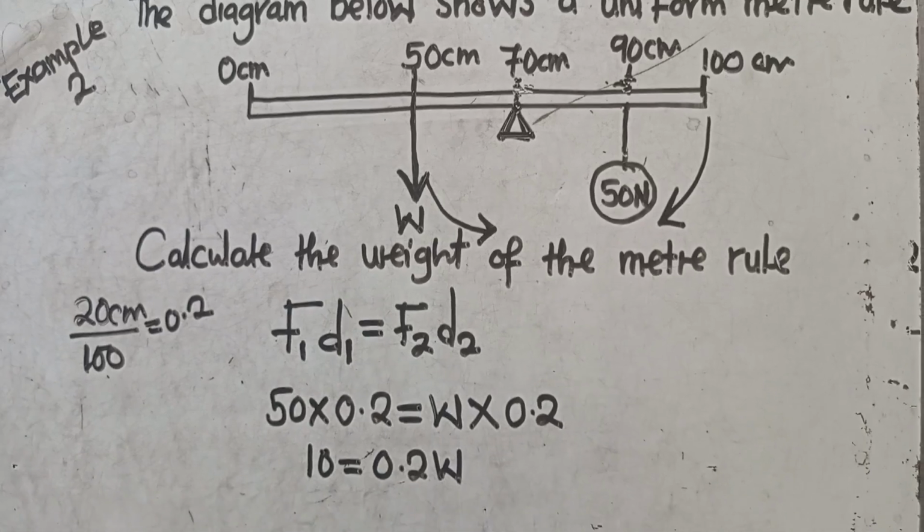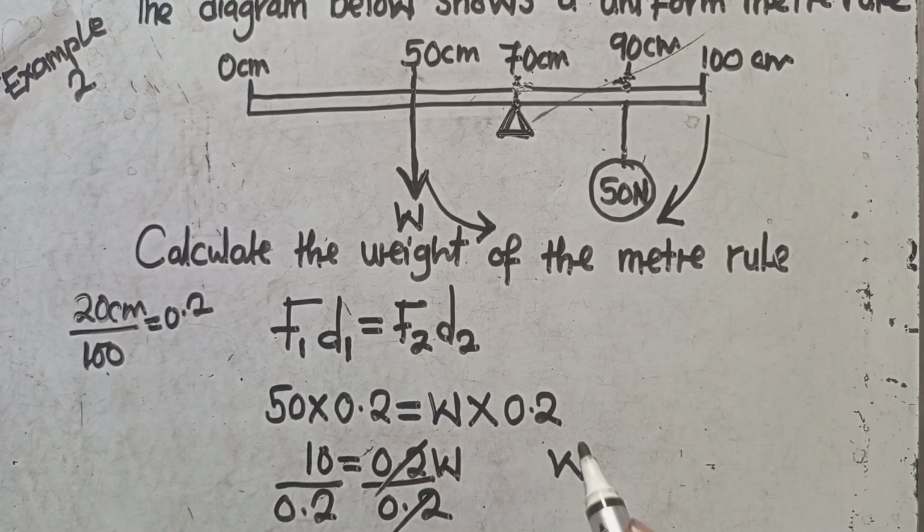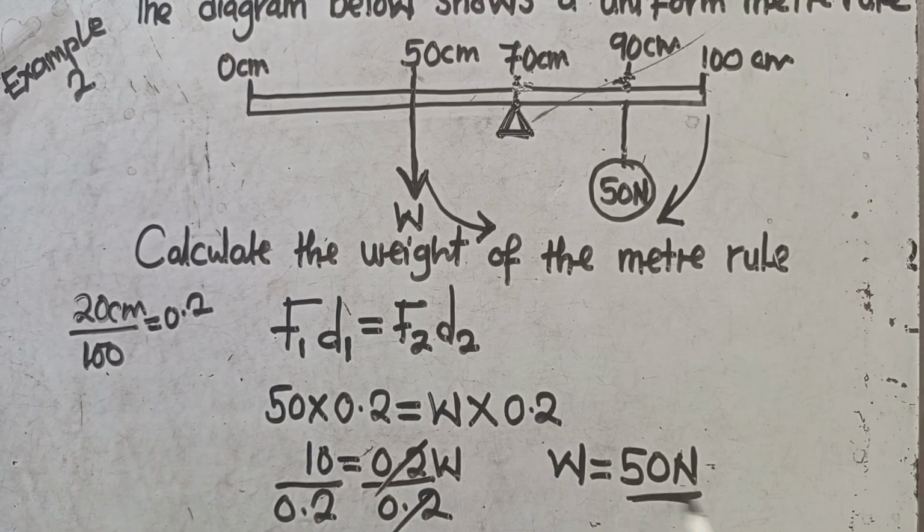I now divide both sides by 0.2. The 0.2s cancel, so W is equal to 10 divided by 0.2. What is the answer? The answer is 50 newtons. So this is the weight.